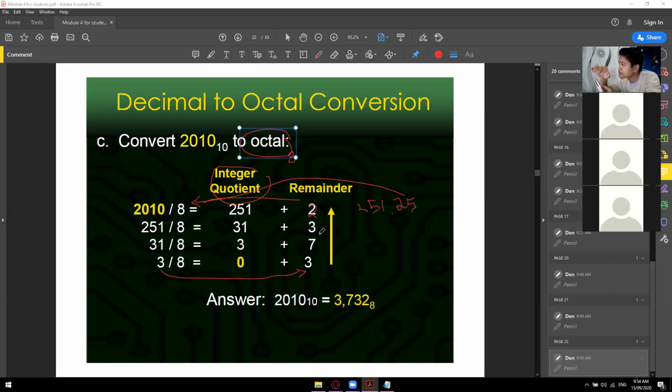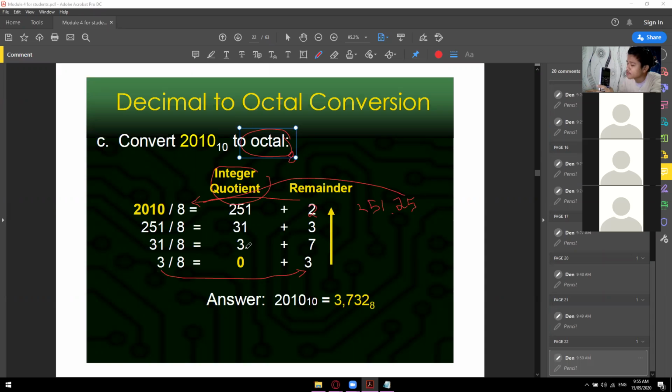Sir, how did the remainder of 31 divided by 8 become 7? If you use the calculator, 31 divided by 8 is 3.875. Right?